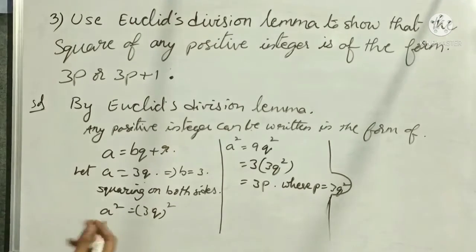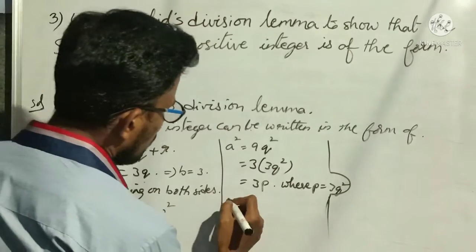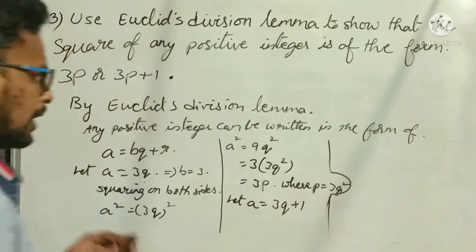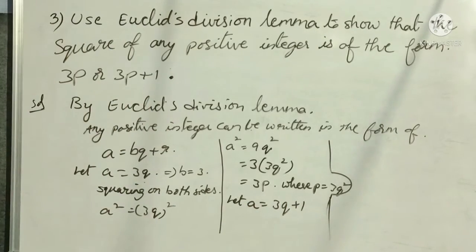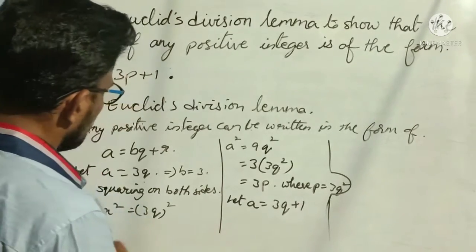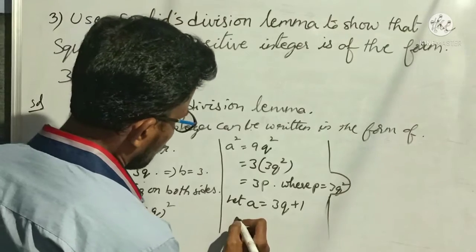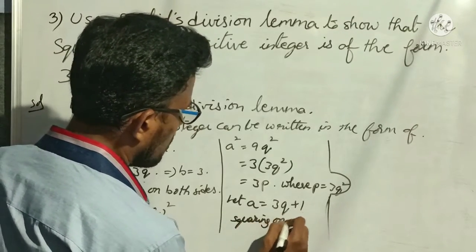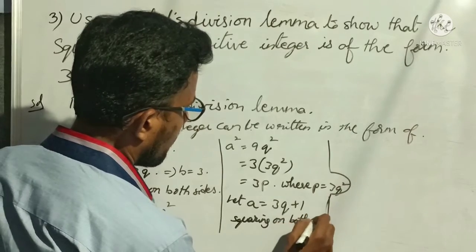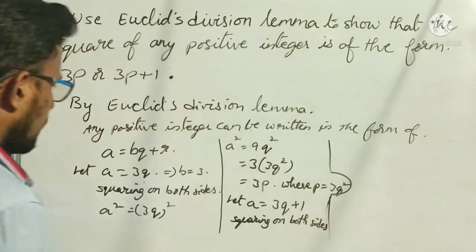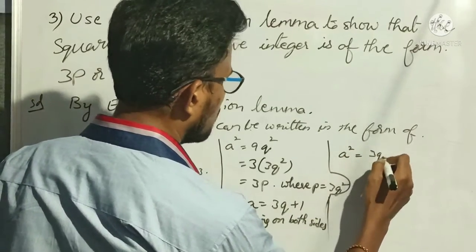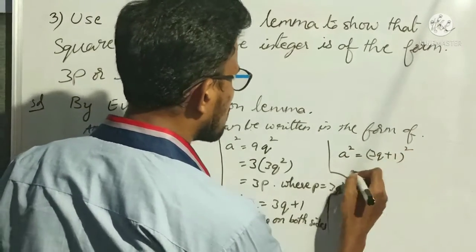So means remainder 1. So let a is equal to 3q plus 1 I am taking. Okay. Now what I will do means I will take squaring on both sides now also. If we do squaring on both sides, then I will get a square is equal to 3q plus 1 whole square.